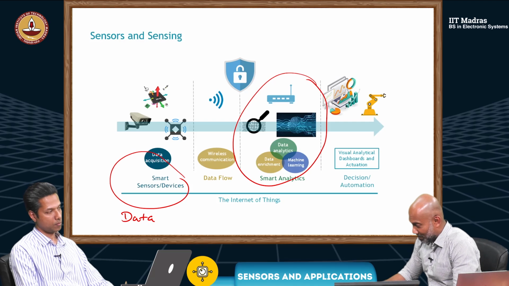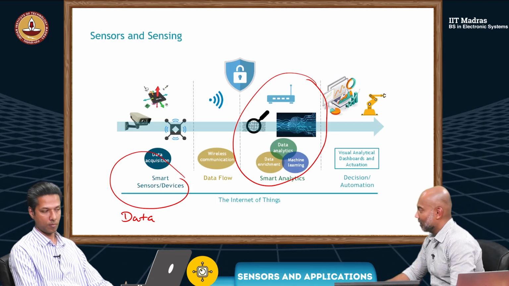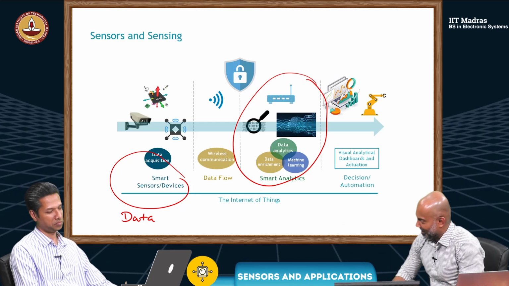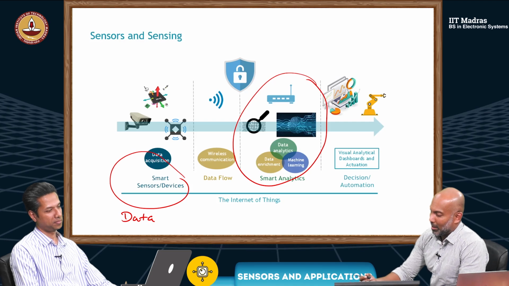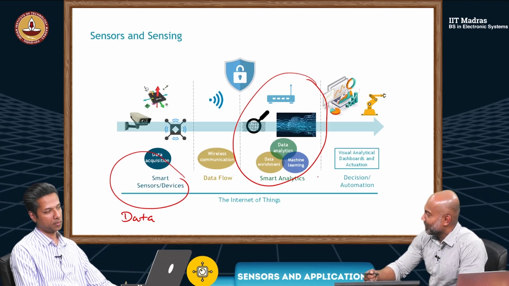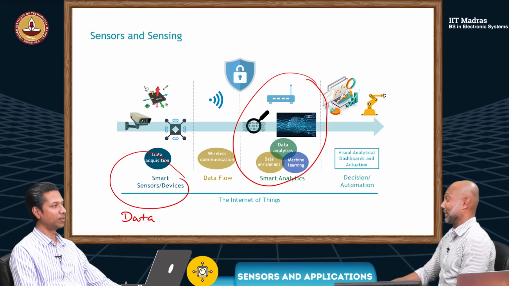Now, in the previous example with the heat in the room, you said you bought a cheap, low cost sensor. Now, in the computer science world, there's a term called GIGO. You know what GIGO is?